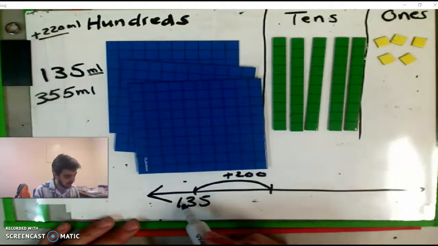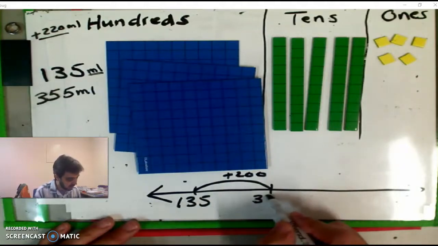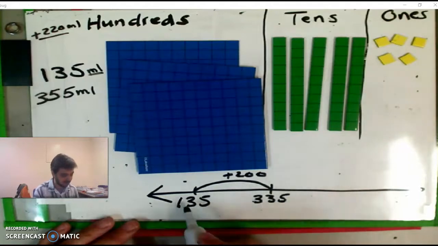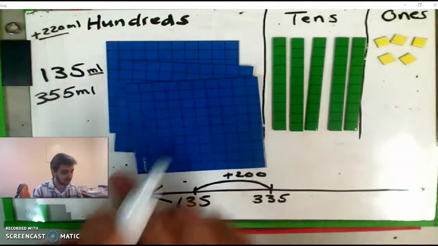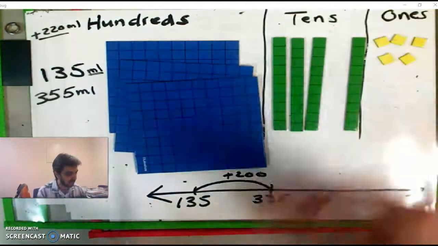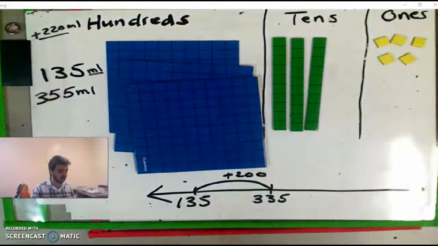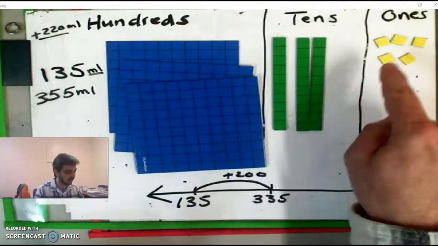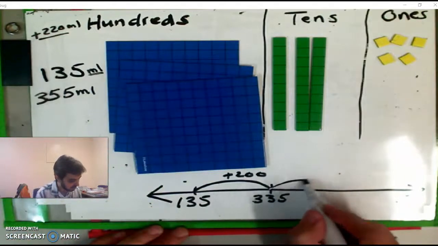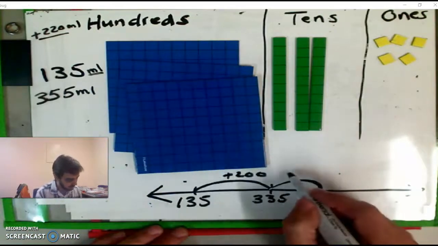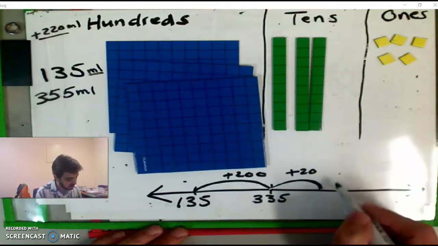And I know that gets me to 335, because I'm just adding 200 to the hundreds place right here. So before I added my tens, I added my hundreds, and I had 335. Now I'm going to add my tens, which is 20. Okay, so now I've added 220.